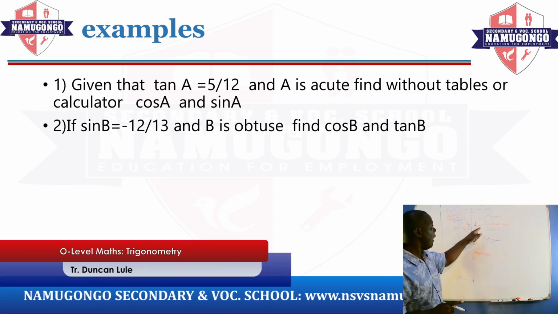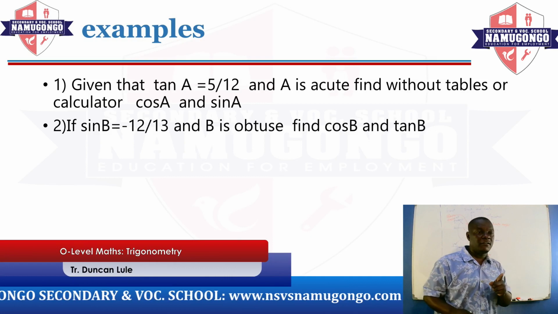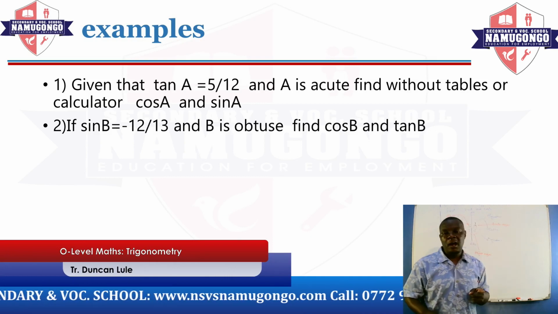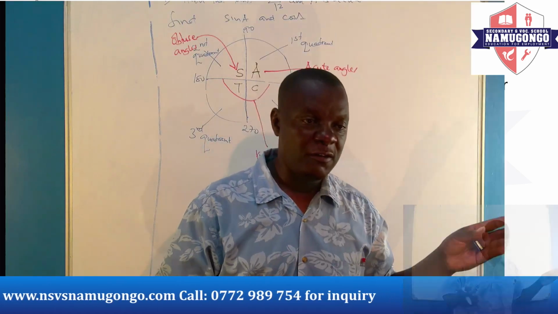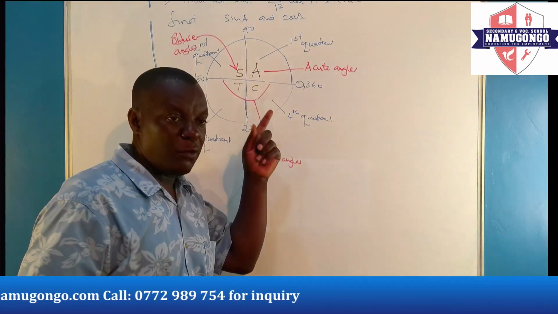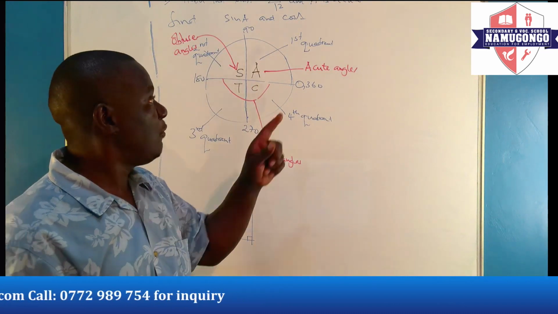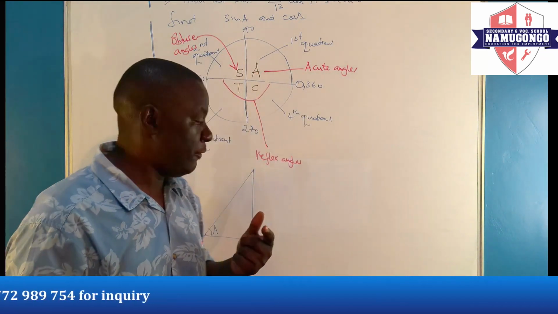Acute angles are angles that lie in the first quadrant, between 0 and 90 degrees. And all the ratios we are going to get are going to be positive.